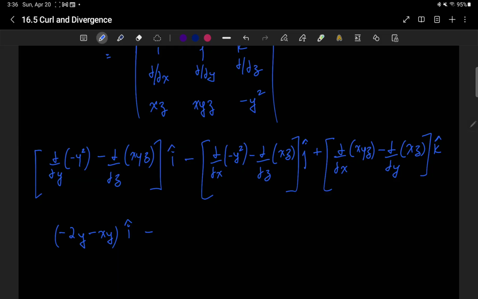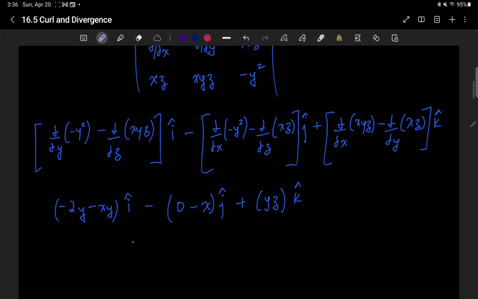Partial of negative y squared with respect to x is 0, and this will be x j cap, and yz, and partial with respect to y is 0, so yz k cap. So putting this all together, factoring out a y, we get y times negative 2 minus x I cap plus x j cap plus z k cap.